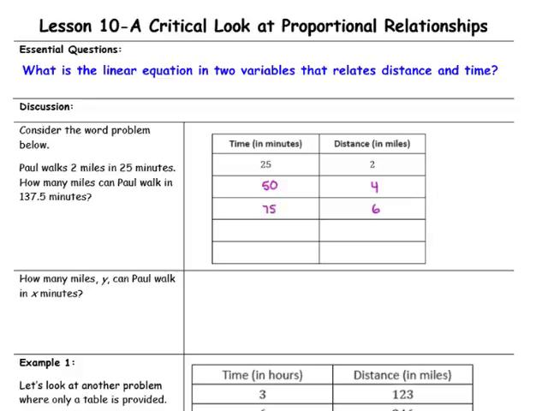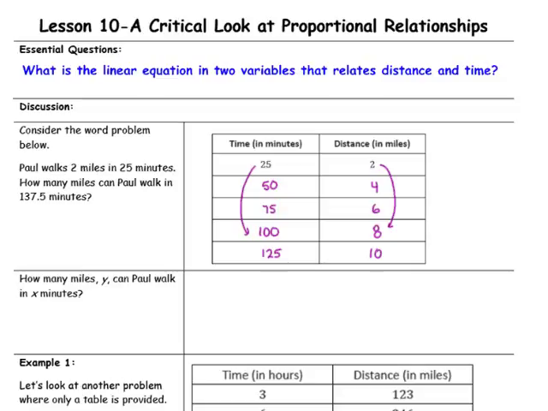How many miles would Paul be able to walk in 100 minutes? 100 minutes is 4 times the minutes. So you would expect that the distance would also be 4 times the amount, which would give us 8 miles. How about 125 minutes? In 125 minutes, what would his distance be? It would be 10 miles.